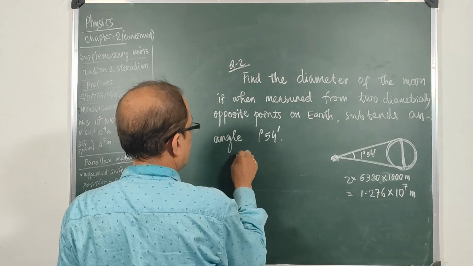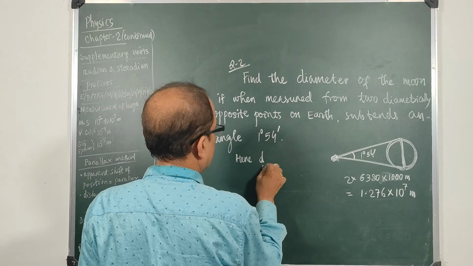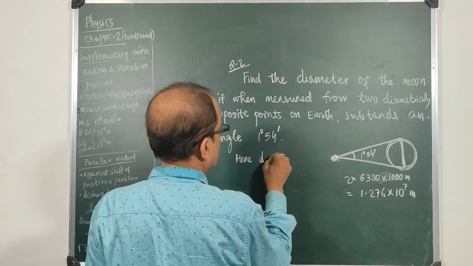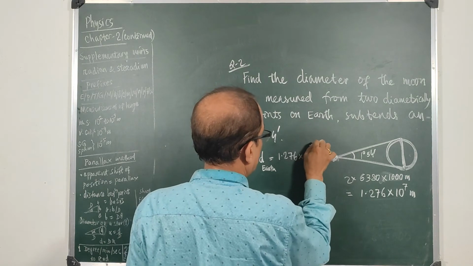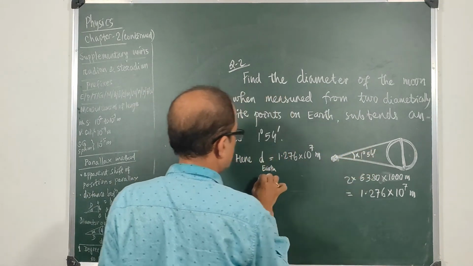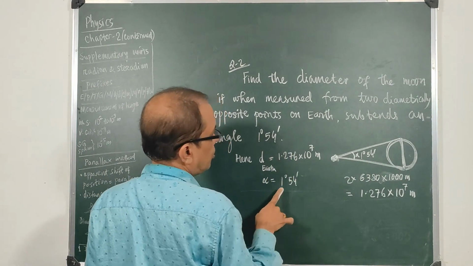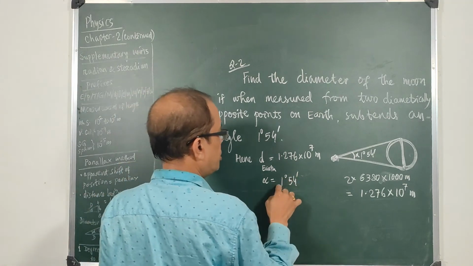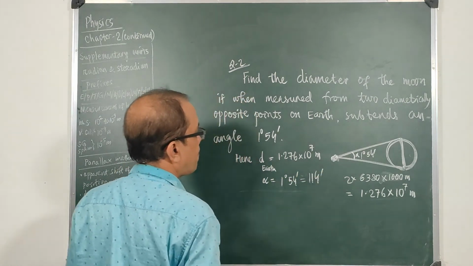So here the diameter of earth is 1.276 into 10 to the 7 meters, and this angle alpha is given as 1 degree 54 minutes. You know 1 degree is 60 minutes, so 60 plus 54, which is 114 minutes.